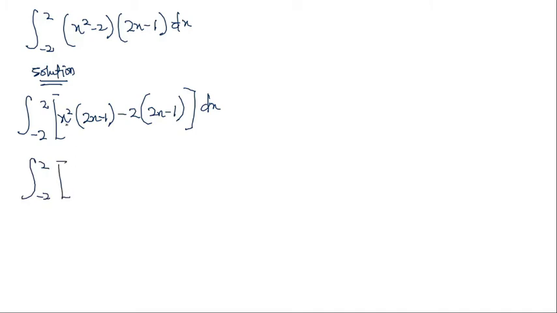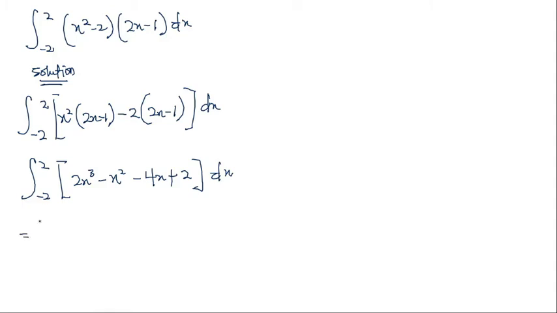Now if I use the x squared to multiply this, I'm going to get 2x cubed. Then minus this will give me x squared. Then minus this will give me 4x. Then this will give me plus 2, dx. So now that I have this, I can apply my integration to all of them, and then I find my answer.